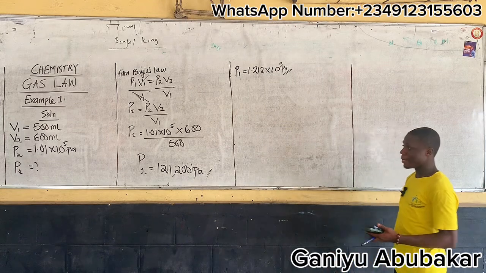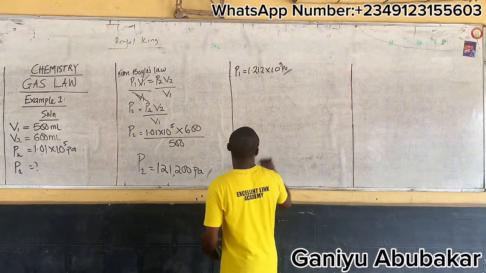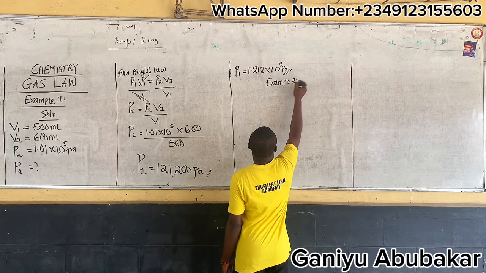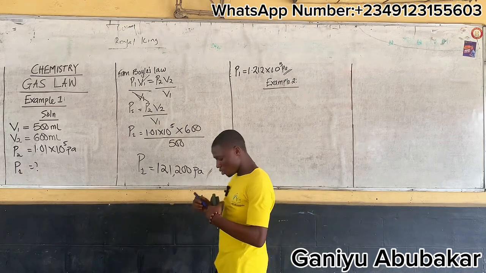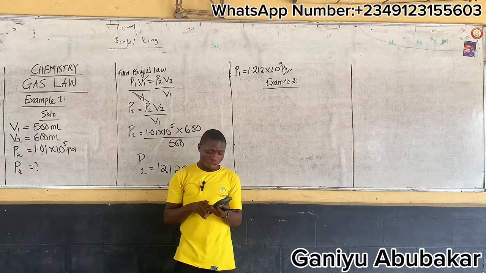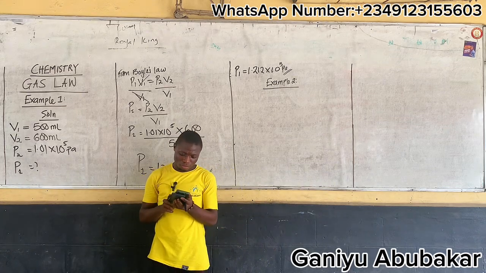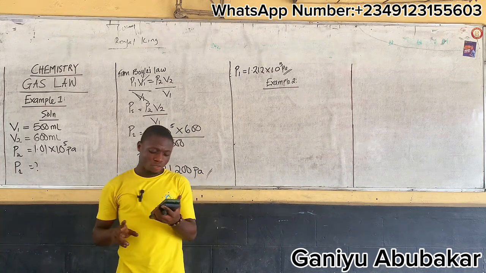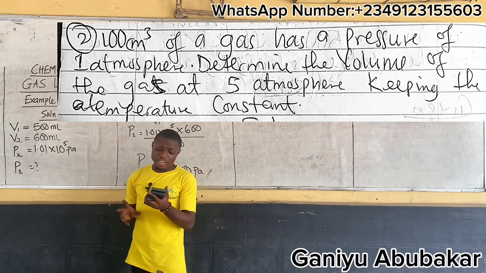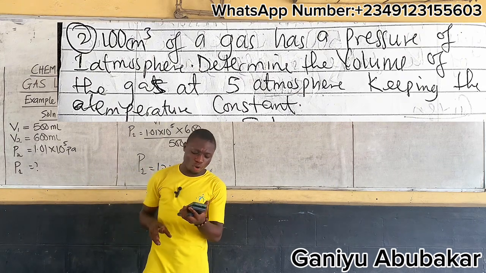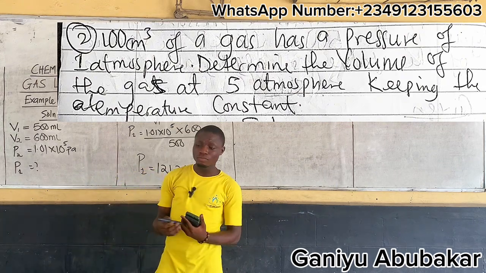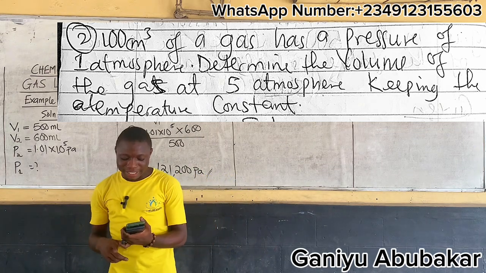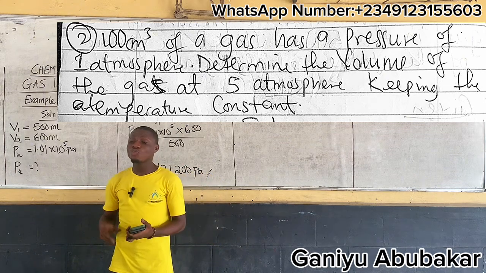So you have that. Let's do example 2 under Boyle's law. It says that 100 centimeter cube of a gas has a pressure of 1 atmosphere.